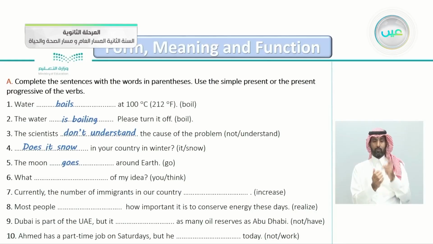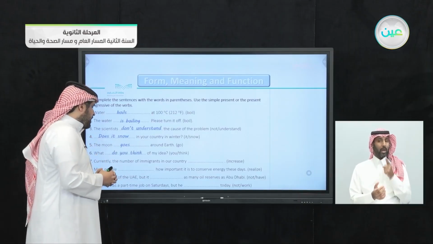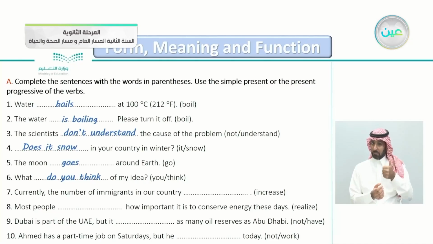Number 6, what of my idea you think? And here we have the verb think and the word you. So the answer here is yes. What do you think of my idea? Number 7, currently the number of immigrants in our country increase. Currently, this is a time expression here.